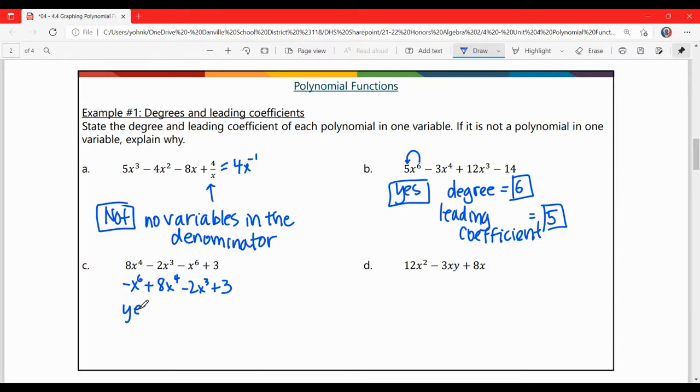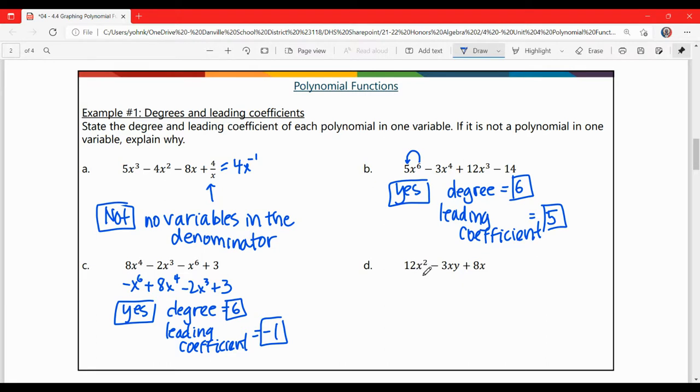So this, yes, is a polynomial. The degree is equal to 6, and the leading coefficient is going to be negative 1, because that is what is in front of x to the 6th.